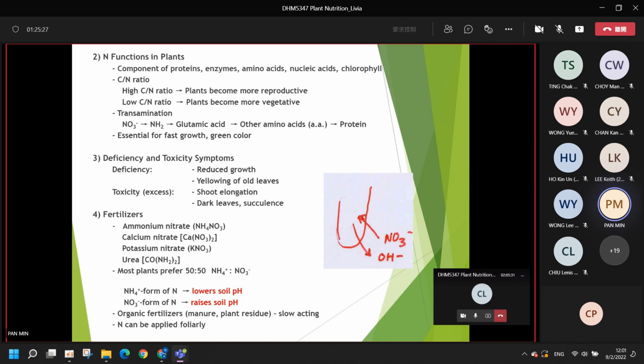And the nitrogen also can be applied foliarly. However, this part of foliar fertilizer, the efficiency is not that high, because the leaf or the plants cannot absorb too much of the nitrogen. Also it depends on the nitrogen fertilizer type.